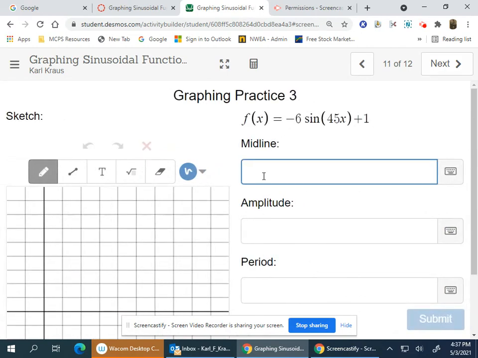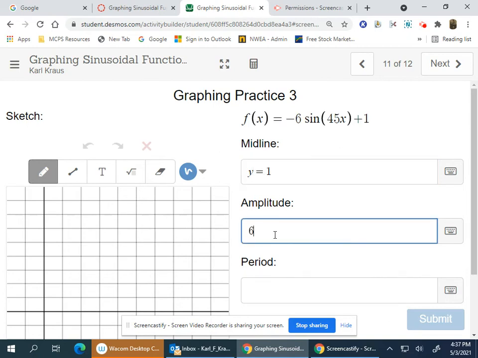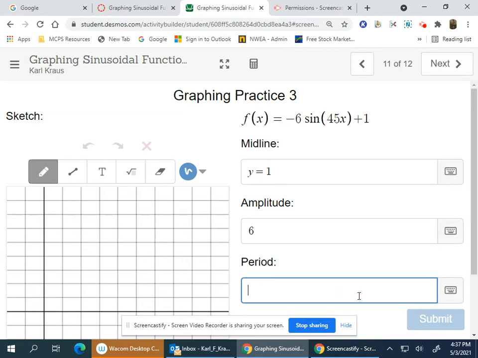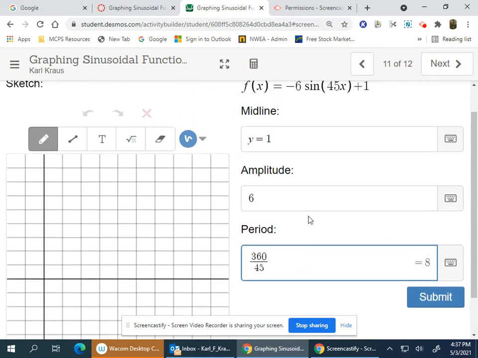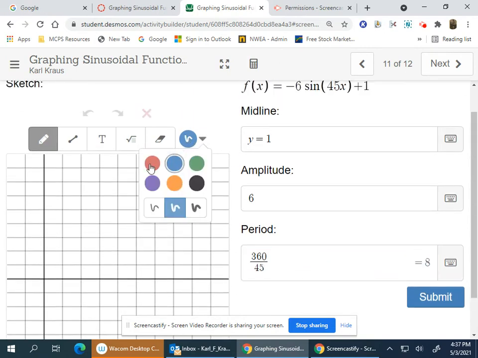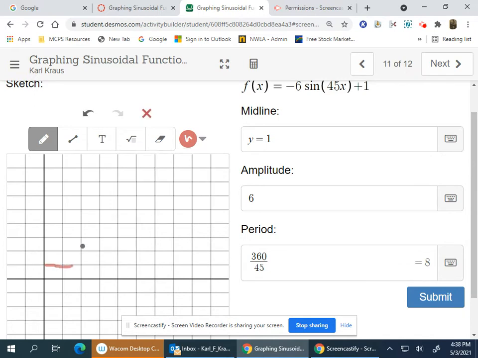Number 11, or slide 11, y equal 1 is the midline. The amplitude is 6. The period, 360 divided by 45, is 8. So start with the midline, like 1.